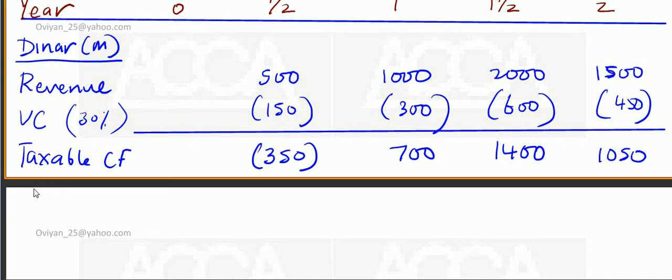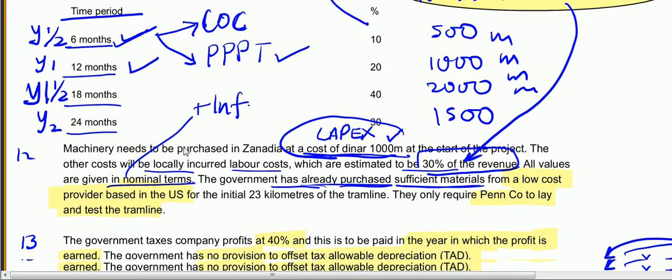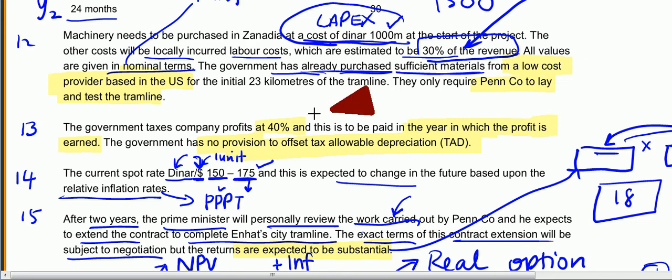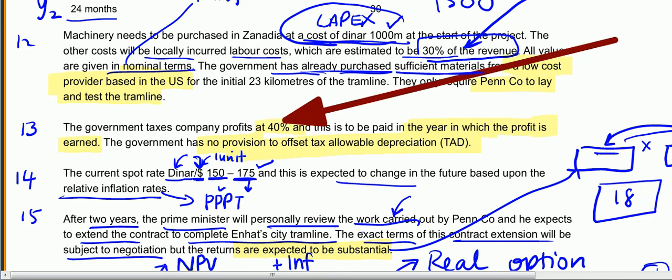Next, you have to go back to that paragraph to see what percent tax it is. We are told that the tax here is at 40%. Is that clear?